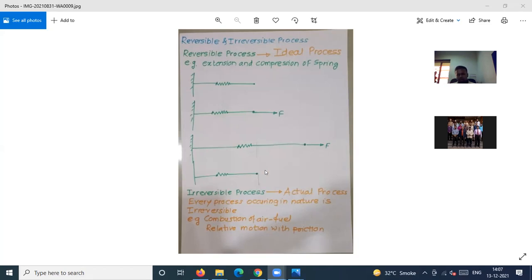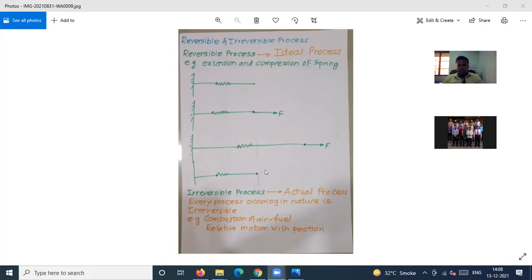Let us take a spring. One end of the spring you hold, and the other end you stretch, and after some time you release that other end. After the process, both the system and surrounding are going to return to their original shape and size.